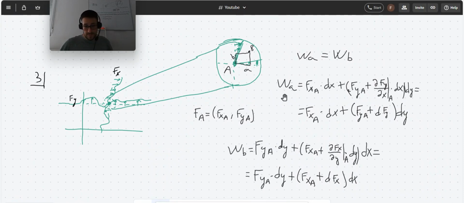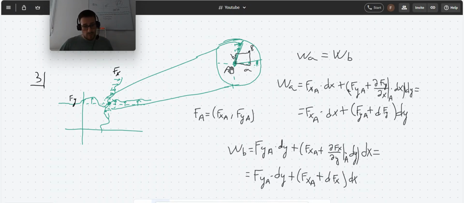This means that the work done by following path A is given by the force that we initially have, F sub A, the force at the initial point, which has two components, the x component of the force at A and the y component of the force at A. The work done is the x component of that force times dx. This is the work from moving from point A to the intermediate point between A and B following path A. Plus this force times dy.